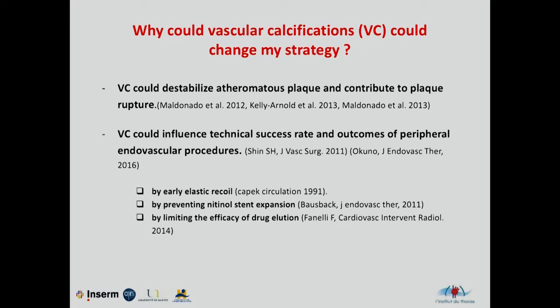Also, it could influence the technical success rate and the outcomes of the PAD procedure. For example, it increases the early elastic recoil, it prevents the nitinol stent expansion and also the balloon expandable stent expansion. And it could limit the drug elution into the arterial wall.